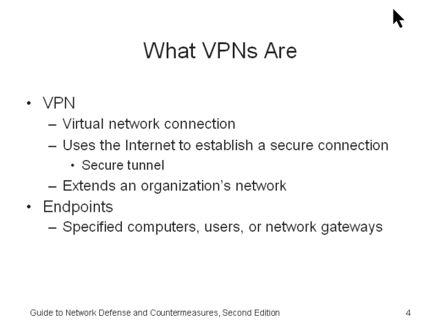However, if we want to extend our communications outside of the network, people are able to listen in over the internet. However, if we use a VPN, this is not the case. So we have the virtual network connection, and we also have endpoints. And the endpoints can be within an organization or within an organization to another organization. And these endpoints are specified computers, users, and/or network gateways.